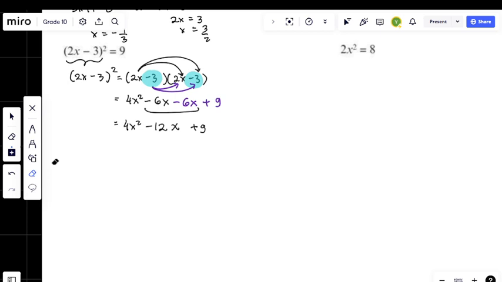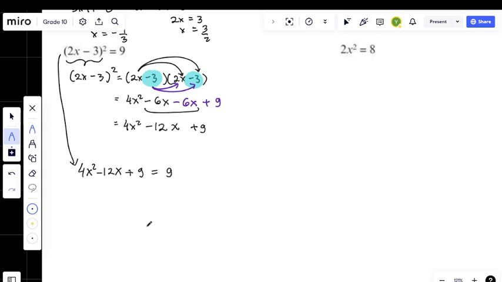Okay, so then we have these expressions on the left now turns to be 4x squared minus 12x plus 9 equals to 9. Now it is in the quadratic equations, so that means we need to bring everything on the right to the left hand sides.